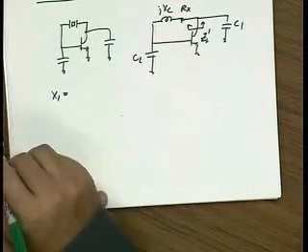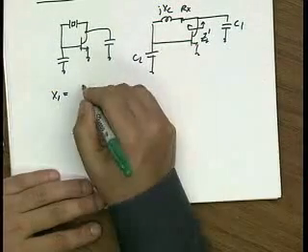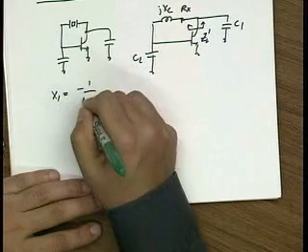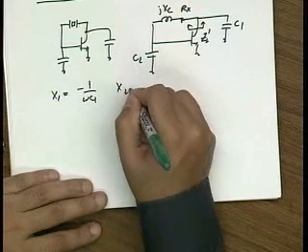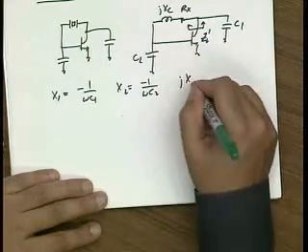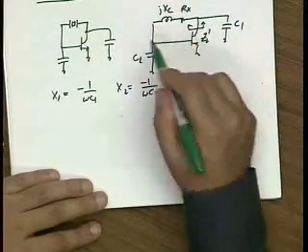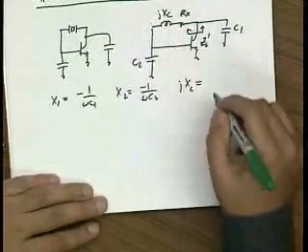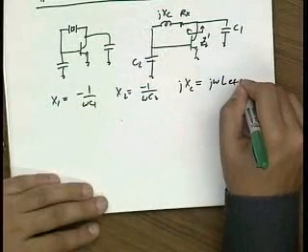So X1 is just the reactance of this capacitor. It's minus 1 over omega C1. X2 is likewise minus 1 over omega C2. And the reactance jXc corresponds to the reactance of this crystal, which is just j omega L effective.